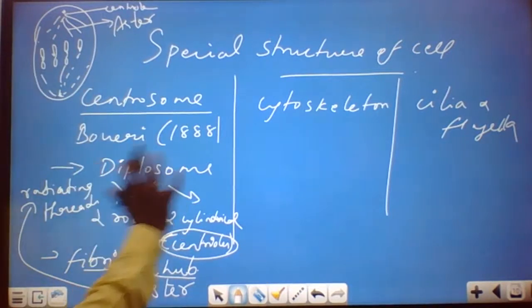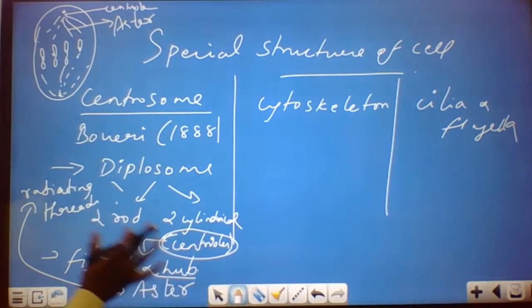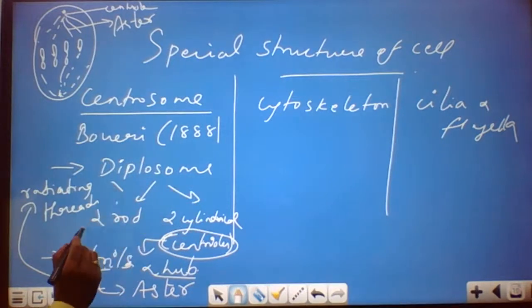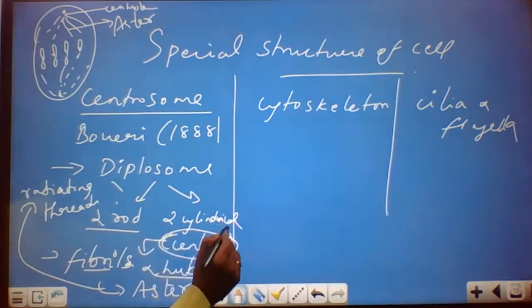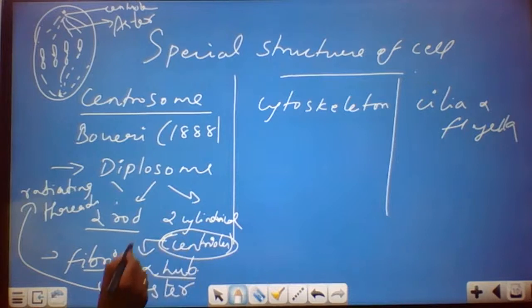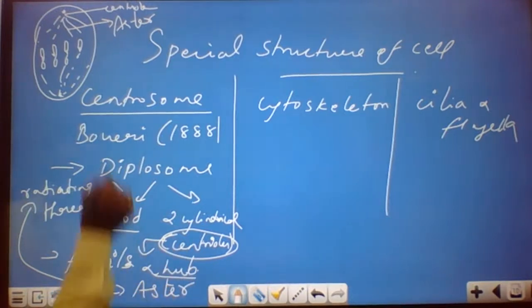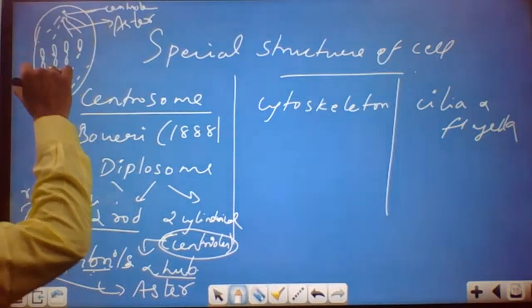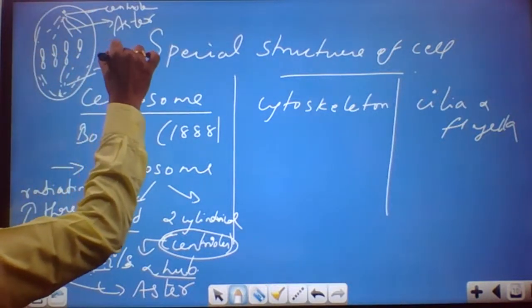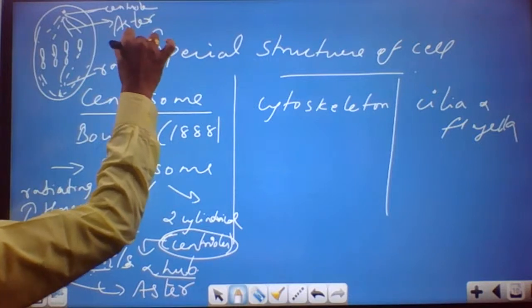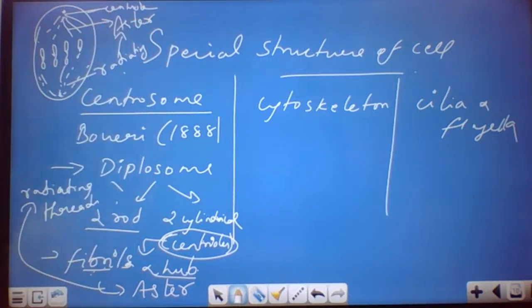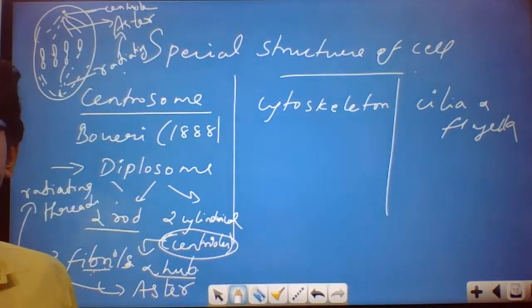Clear. So in terms of understanding how the structure comes, the diplosome has two rod structures, two cylindrical structures called centrioles. These two centrioles we classify into fibrils and hub. Together they form a radiating structure. This radiating structure we call aster, and it plays a very important role at the time of cell division.